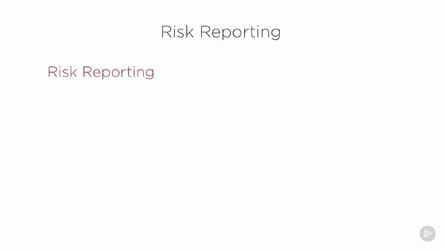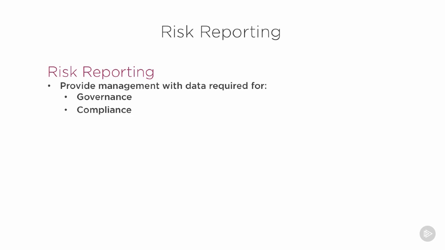So we report risk to management possibly on a scheduled basis, where we need to provide information every quarter or every month. Or in other cases, we could report risk when an event happens, on an ad hoc basis. This risk reporting is an essential part of governance.